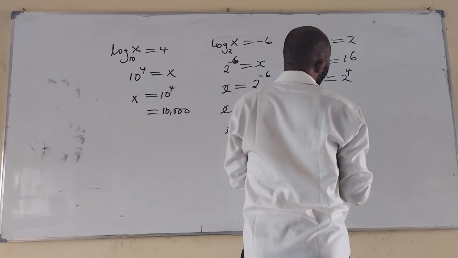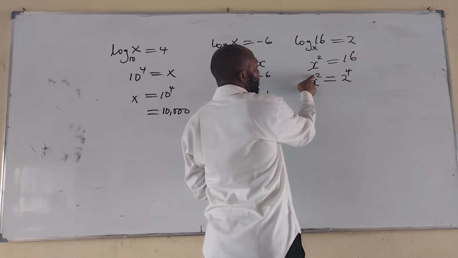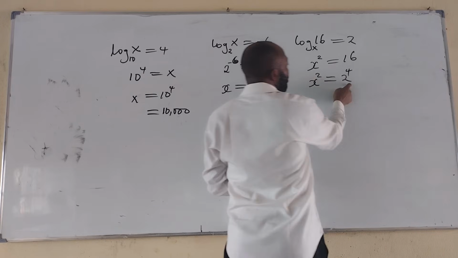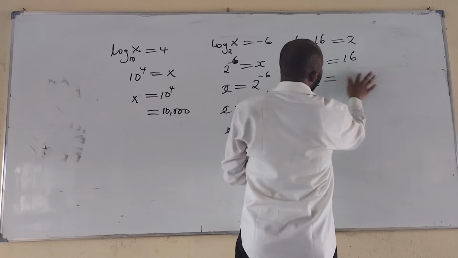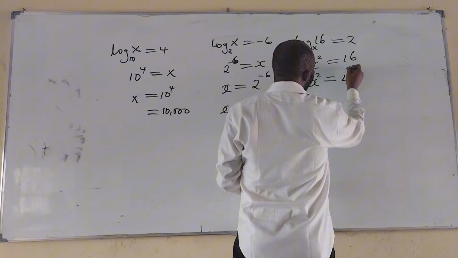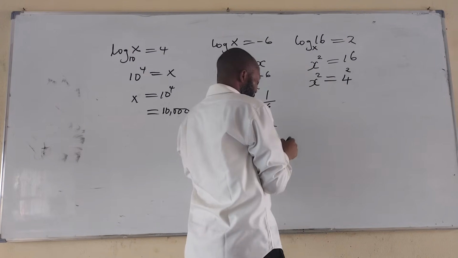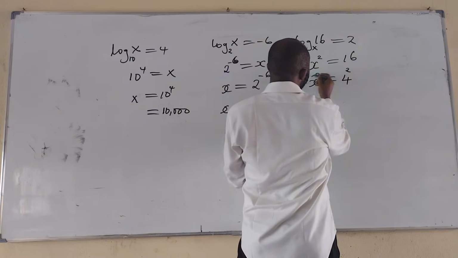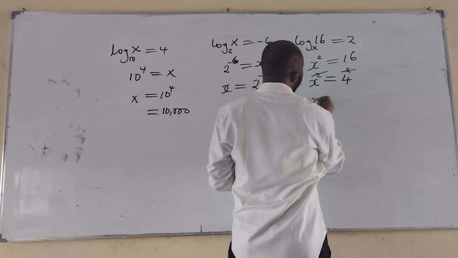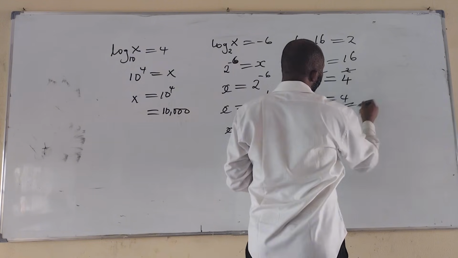In this sense, I cannot cancel the powers, because I have the power 2 here, so I will use 4. I can now have 4 raised to the power 2, which will give me 16. So if I cancel the powers, my x is equal to 4.